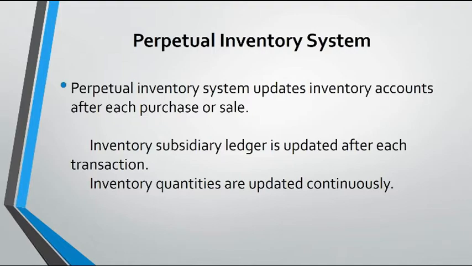So the moment you purchase inventory or ito yung sinasabi nating products na ibebenta mo for you to generate income in manufacturing and merchandising business. So yun nga, sa inventory subsidiary ledger, lagi mo siya ina-update. So, nandun yung part na lagi mo makikita kung gaano karami pa yung inventory na meron ka. So, that is a perpetual inventory system.